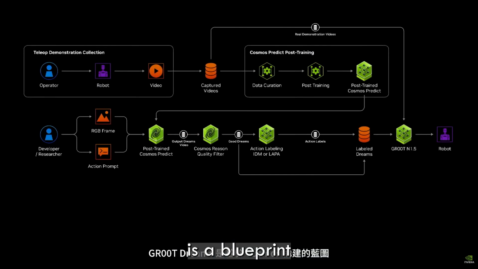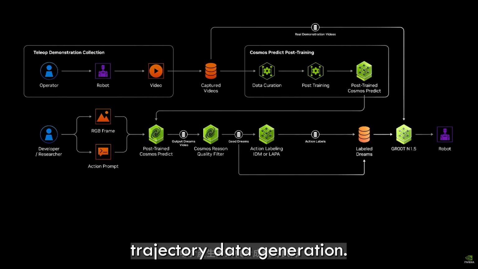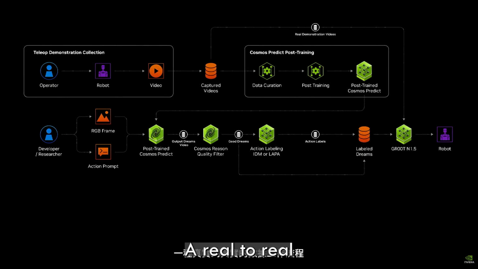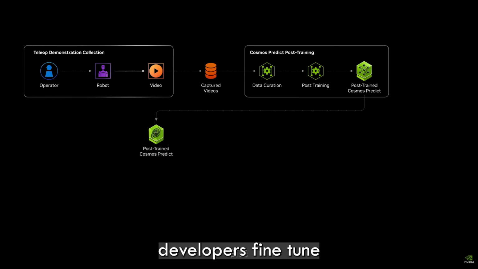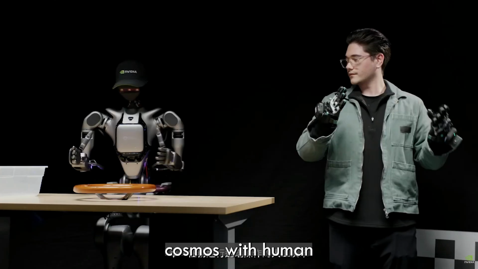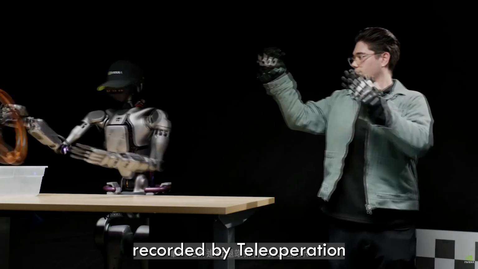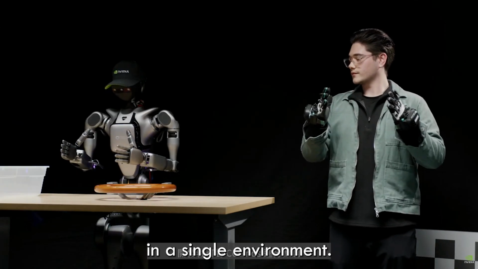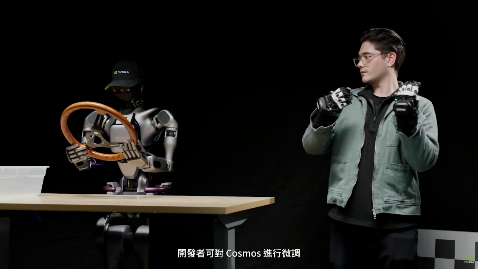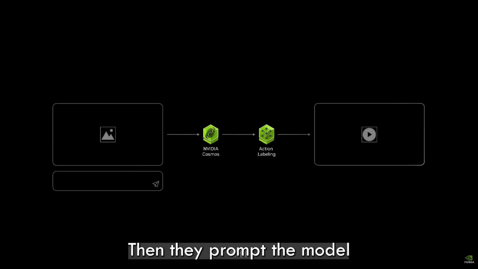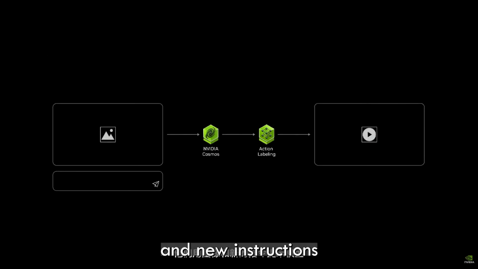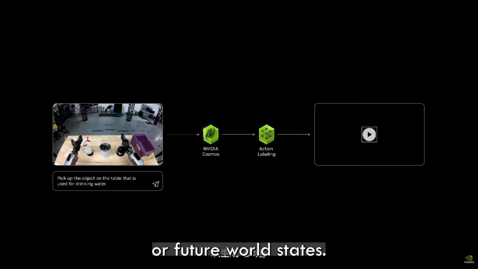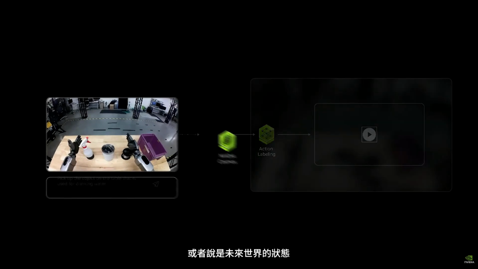GR00T-Dreams is a blueprint built on Cosmos for large-scale synthetic trajectory data generation, a real-to-real data workflow. First, developers fine-tune Cosmos with human demonstrations recorded by teleoperation of a single task in a single environment. Then, they prompt the model with an image and new instructions to generate dreams, or future world states.